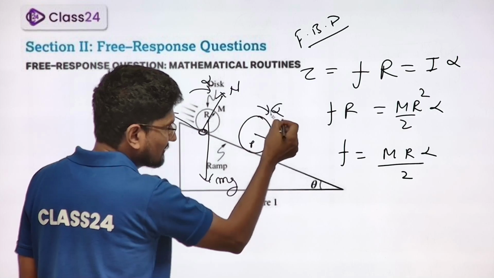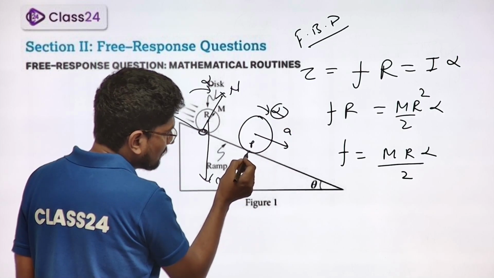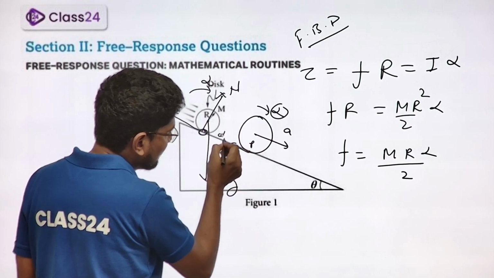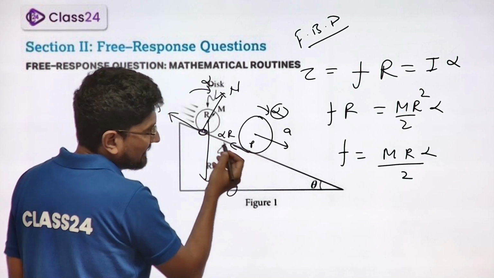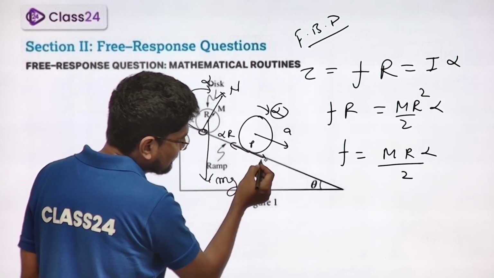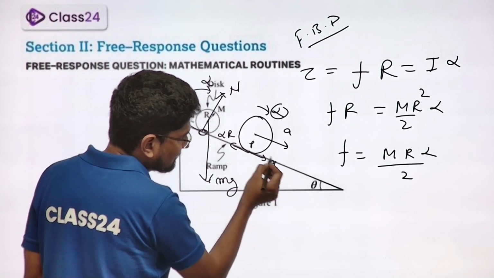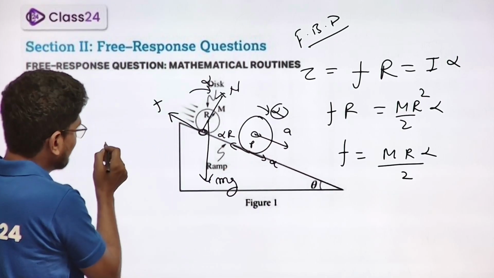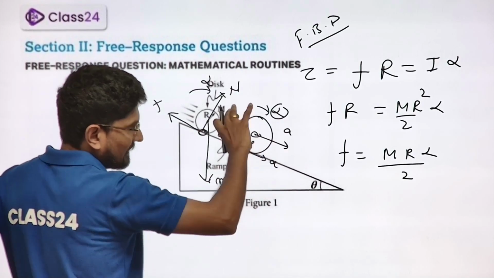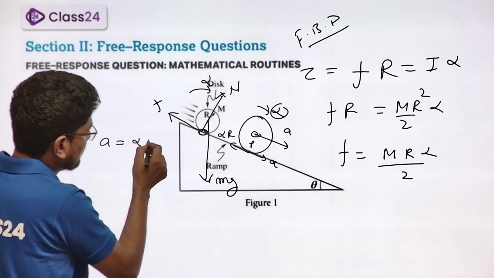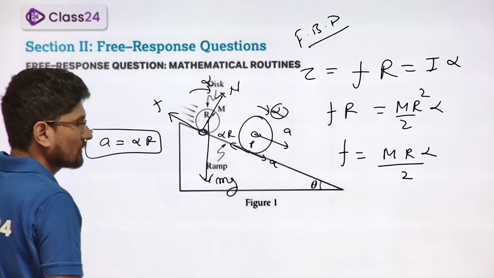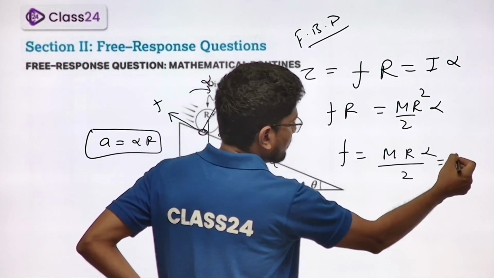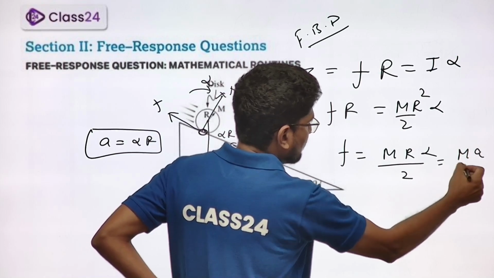Due to the angular acceleration, there is a rotational acceleration in one direction, and the translation acceleration A in the other direction. For this point to be at rest, the translation acceleration and rolling acceleration must be equal. This is the condition of rolling without slipping, A equal to r alpha. Now put the value of alpha, and we find the friction force is ma by 2.